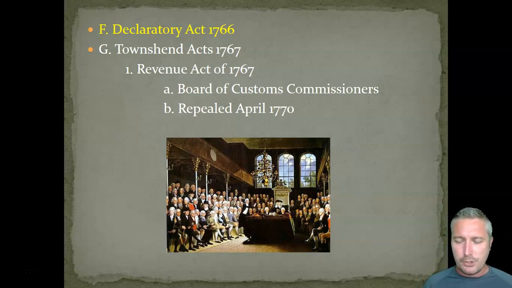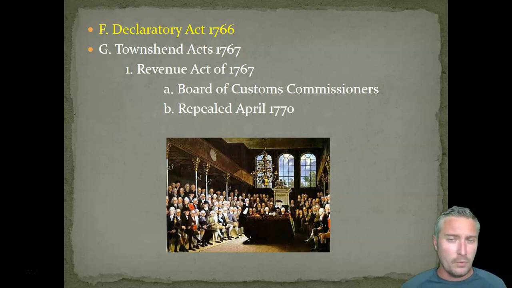So basically punishing failure, especially colonies that decided we are not going to follow that, because you did start to have colonies nullify different acts. In particular, New York had nullified the Quartering Act. And so one thing the Townshend Acts did was actually suspend the New York Assembly until they complied with that act.